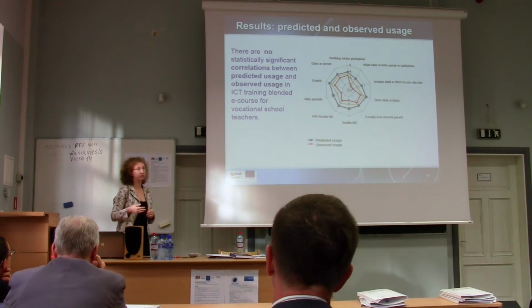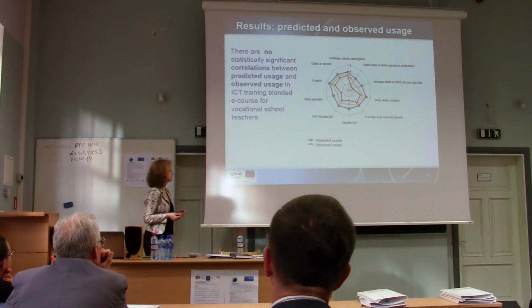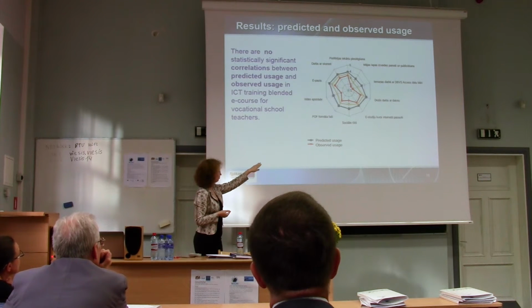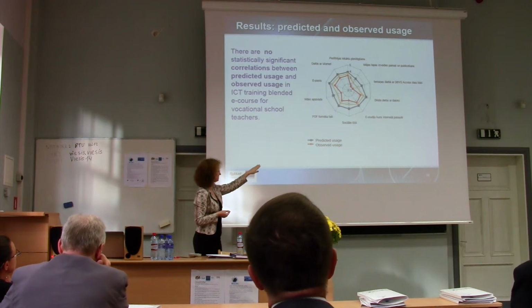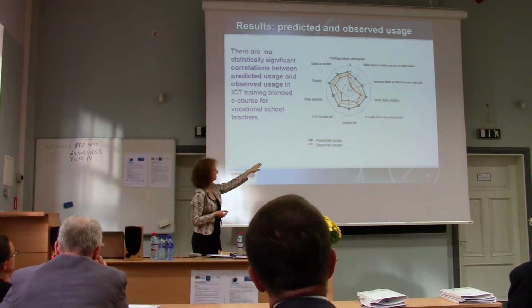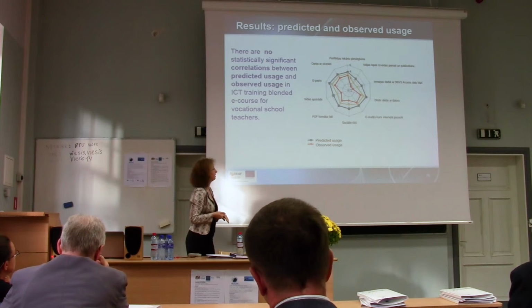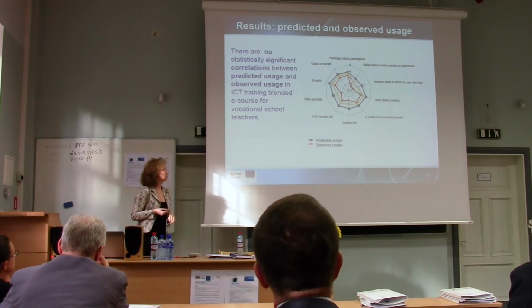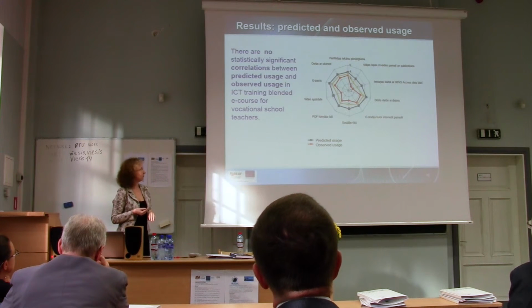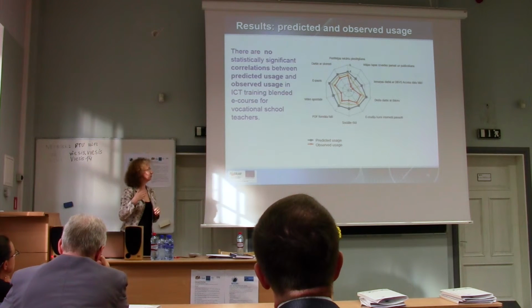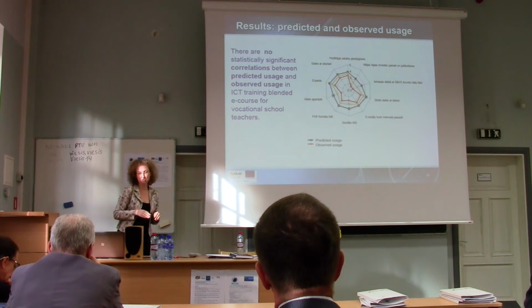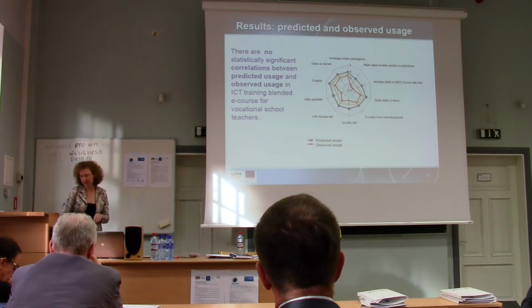Students are very optimistic about future usage of digital skills, but as we can see in this diagram, the blue line is predicted usage of digital skills and this red line is real observed usage. Of course, mostly students predict but do not use digital skills in real life.